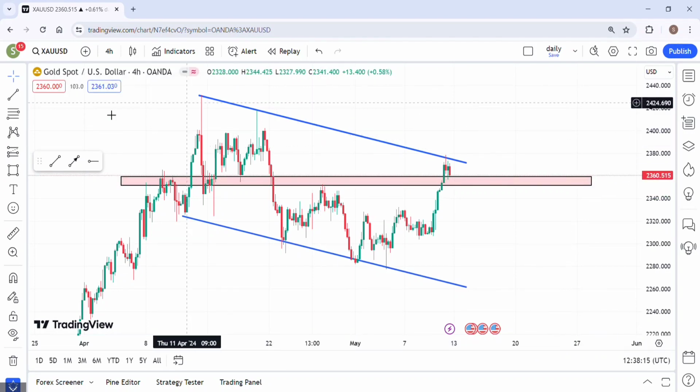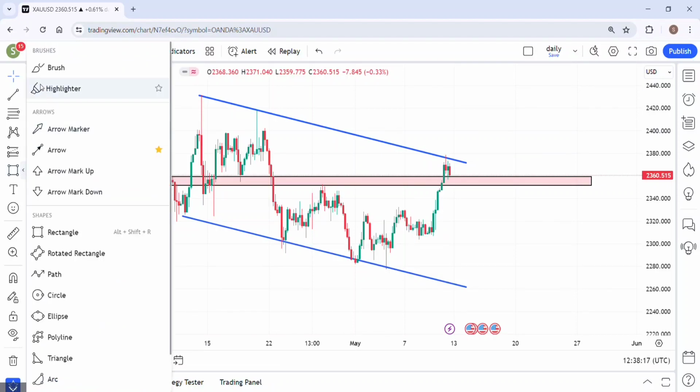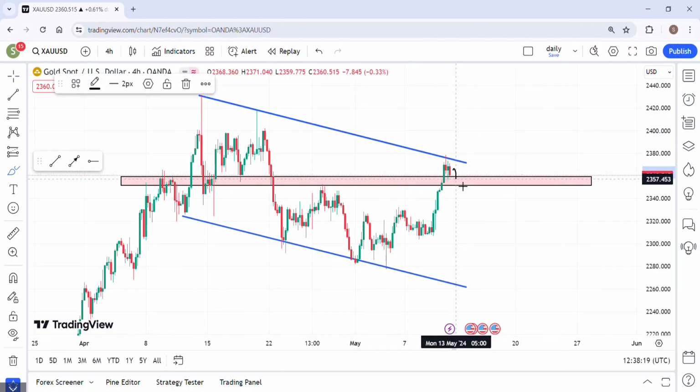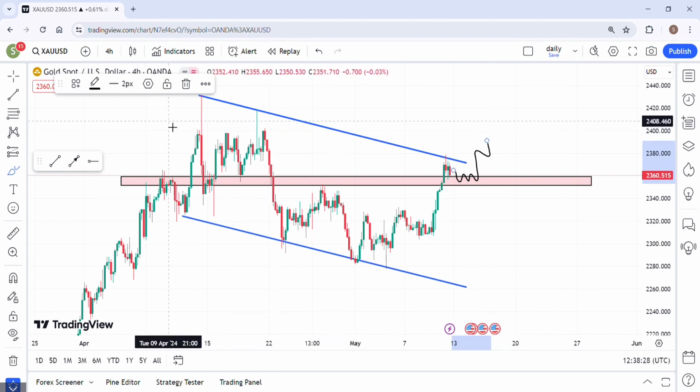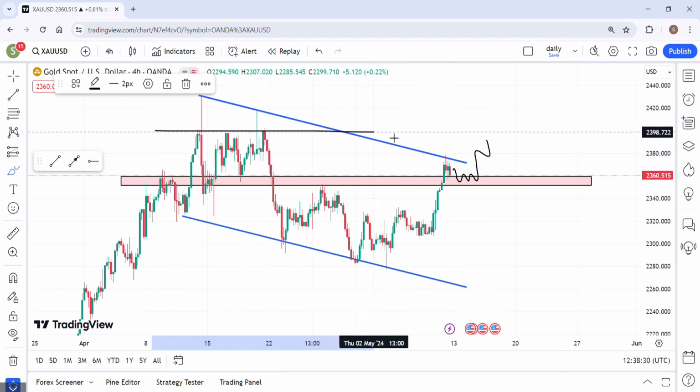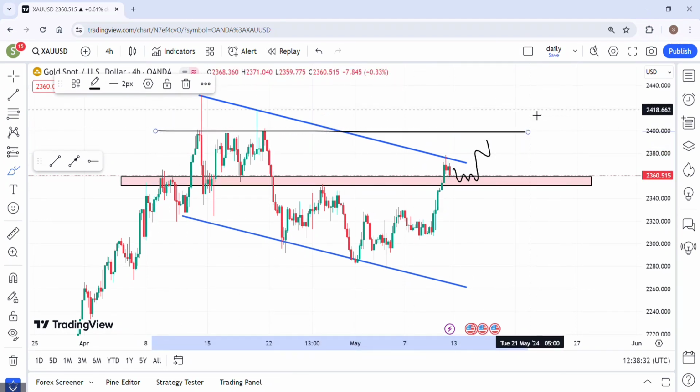So if the market again and again rejects this area, then after breaking the triangle, after breaking the trend line, sorry, the new target for gold in the bullish state will be 2398. This will be a movement of almost $30+, 38 exact dollars.